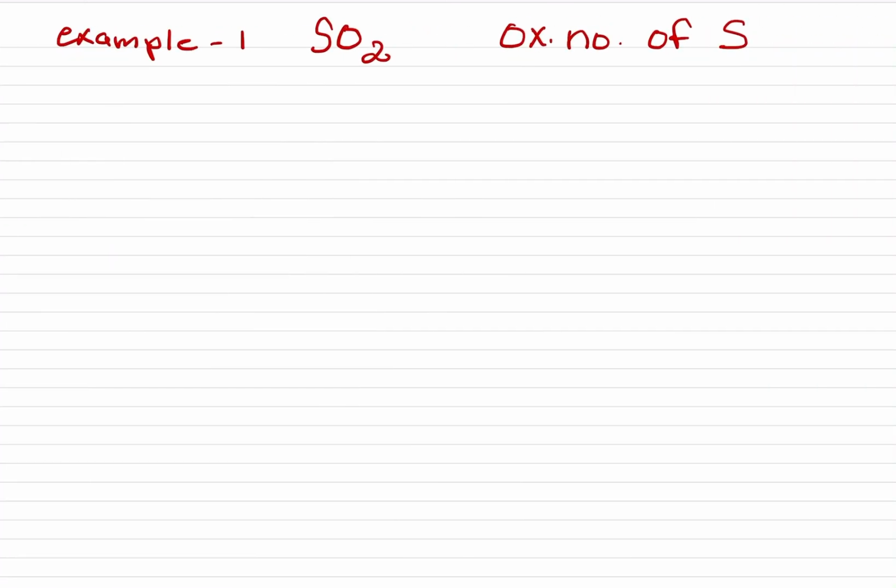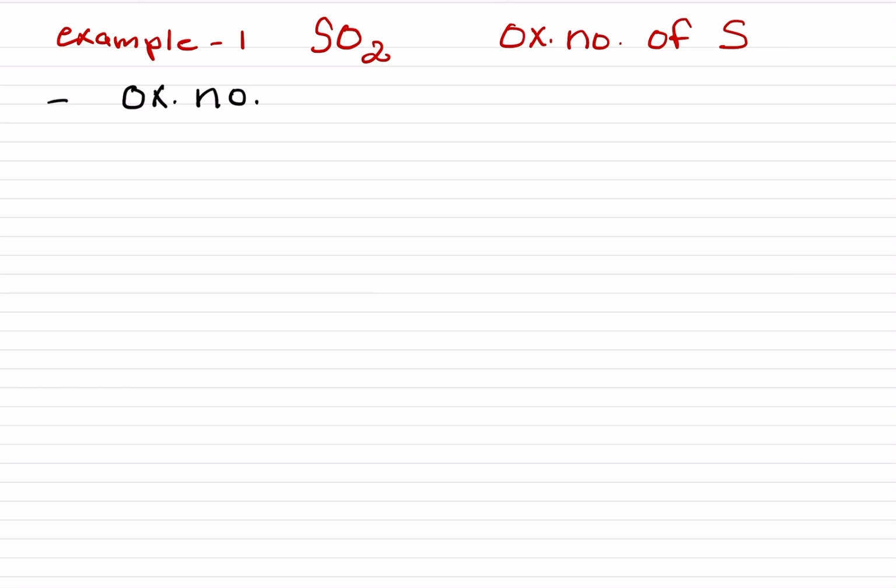The first example is sulfur dioxide, SO2. Here we have to find the oxidation number of sulfur. Ox. no. here is an abbreviation for oxidation number.